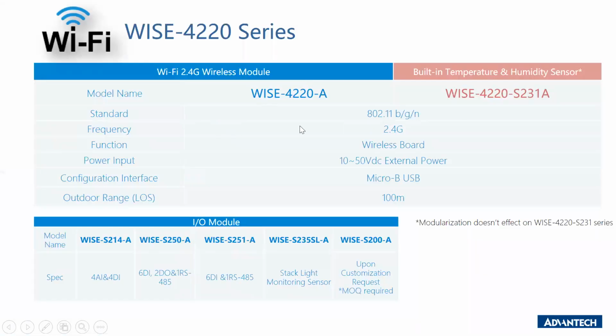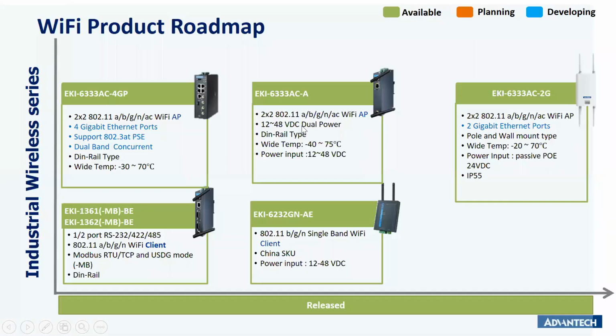I covered the WISE quickly, but a product that's also very important to know about is our EKI series of industrial Wi-Fi products. On the top here, you'll see what we typically think of as an access point. They can be used in client mode, but these are typically used as access points.